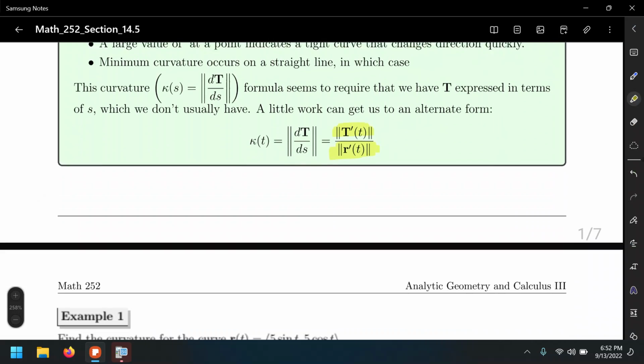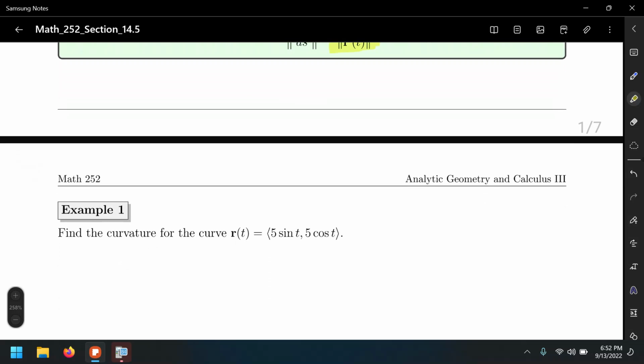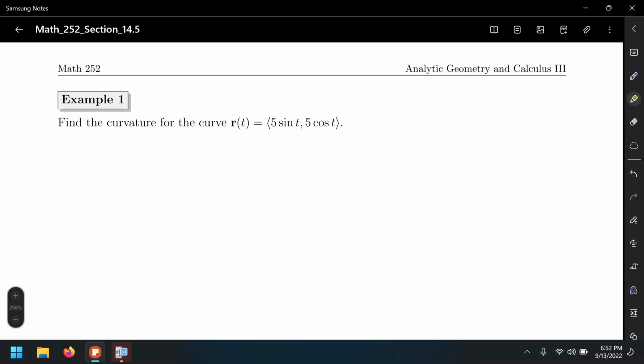So let's see, what about it? How about finding the curvature for the curve r equals 5 sine theta, 5 cosine theta? Well, number one, just looking at this vector valued function, without doing any graph, what's this? A circle.